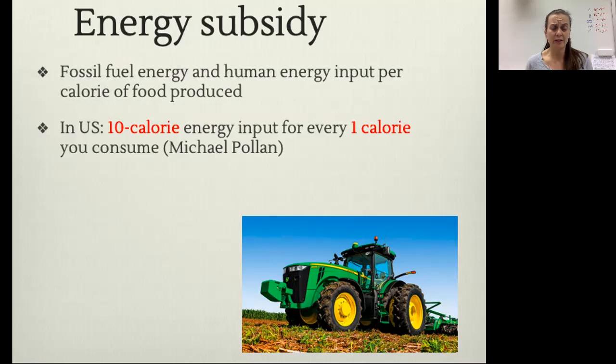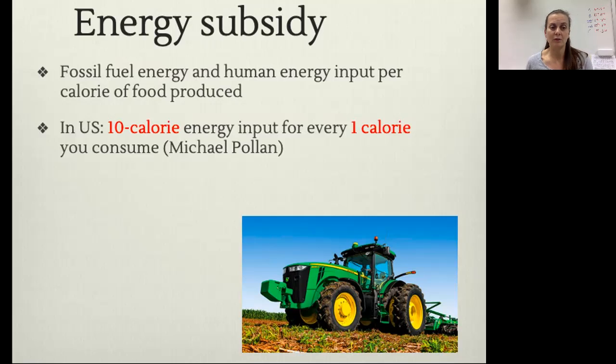So in the US, on average, according to Michael Pollan, who's a fairly famous food anthropologist, there's about a 10-calorie energy input for every 1 calorie of food. Now that's the energy to farm it, to produce the fertilizer, to transport fertilizer to the farm, to harvest the food, to then bring that harvest to market.